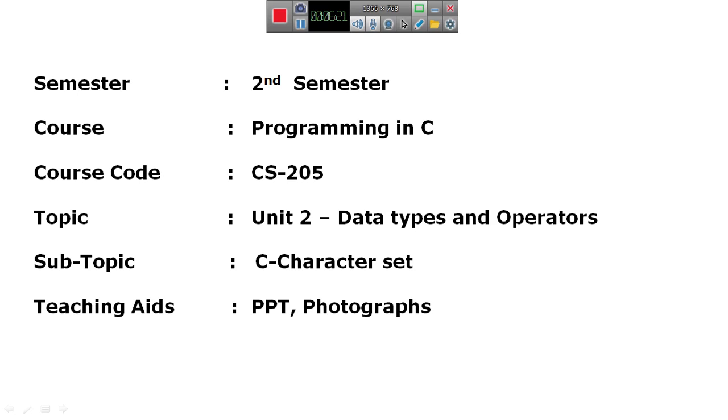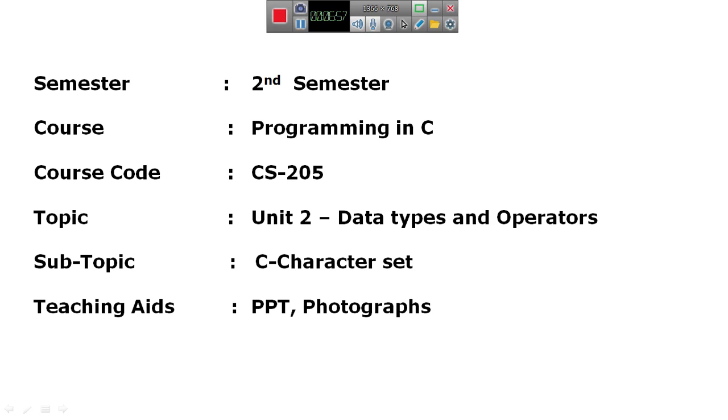And we have seen the flowchart also. The flowchart is a diagrammatical representation of an algorithm. In flowcharts there are some sets of symbols, in a pictorial form: start, stop, input and output.